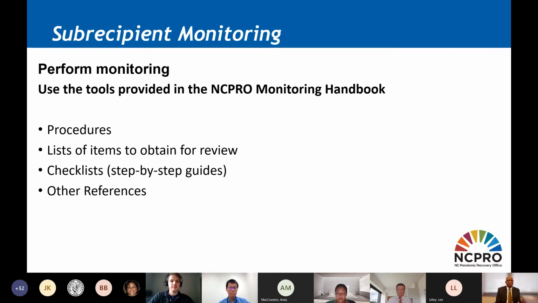In that handbook, there will be procedures that speak in more detail as to the how-tos of monitoring. It's going to list for you items that you need to review to do the monitoring. There will be checklists and step-by-step guides that are included in there, and other references that will be of help to you. Next slide.